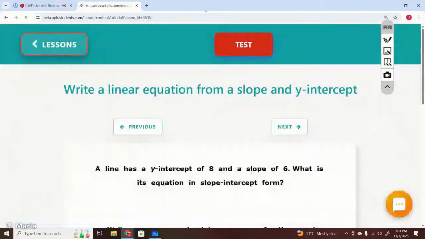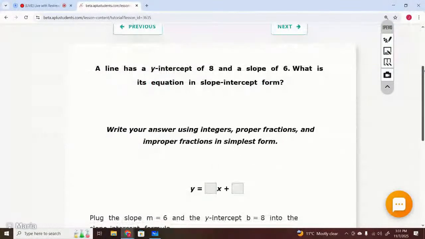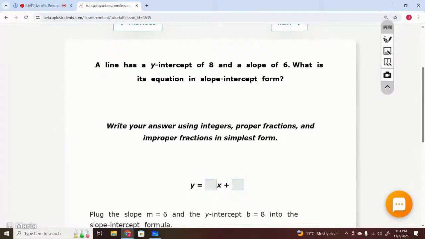Like we are given the slope and the y-intercept, we have to write down the equation. A line has a y-intercept of 8 and a slope of 6. What is its equation in slope-intercept form?